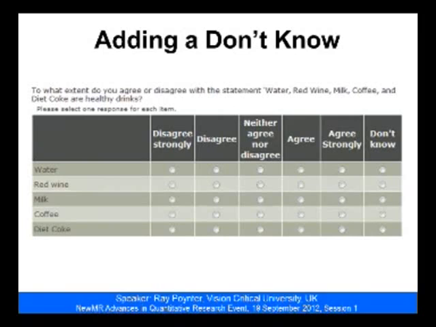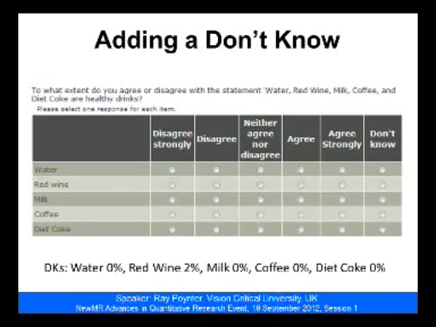And so the first thing I looked at is whether it is really collecting a lot of people who want to say don't know. So we simply added don't know to the scale, put it on the right-hand side. And what was interesting in this study, with these attributes and these questions with this panel, is that we got 0% of people saying that they didn't know whether water was healthy or not, 2% red wine, 0% milk, 0% coffee, 0% Diet Coke.